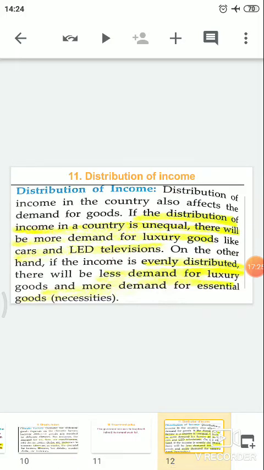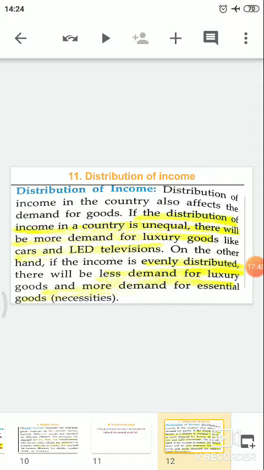The next is distribution of income. Now, we all know that factors of production are involved in the production work, and the wages and salaries, rent, interest, all these things are given to the factor owners.